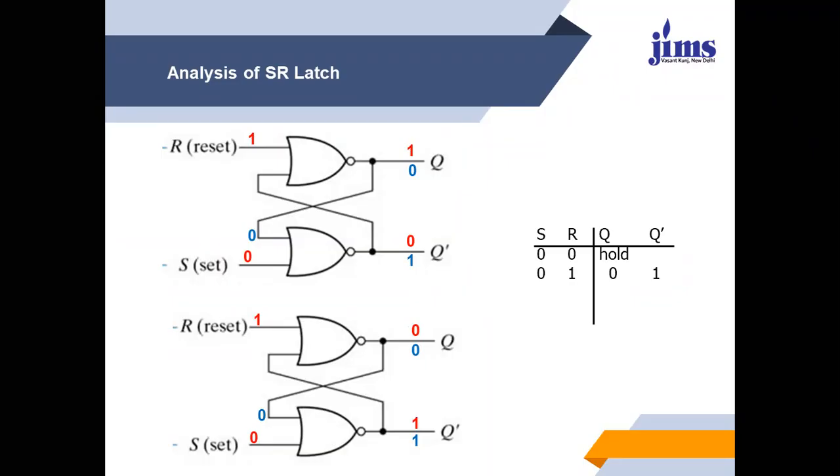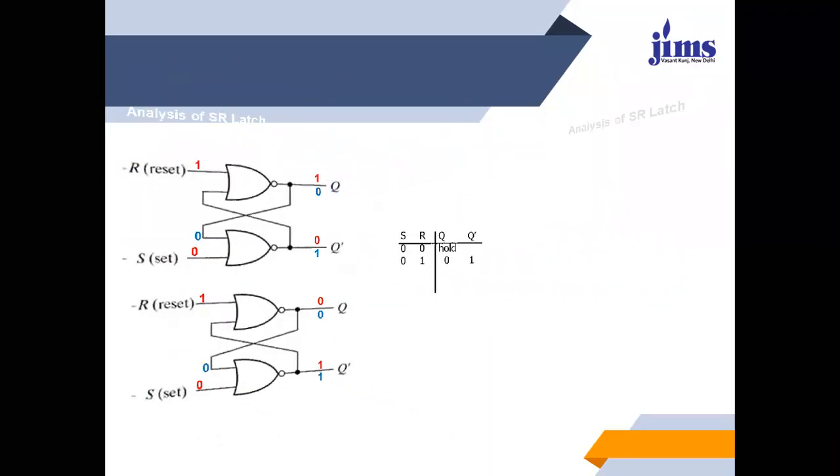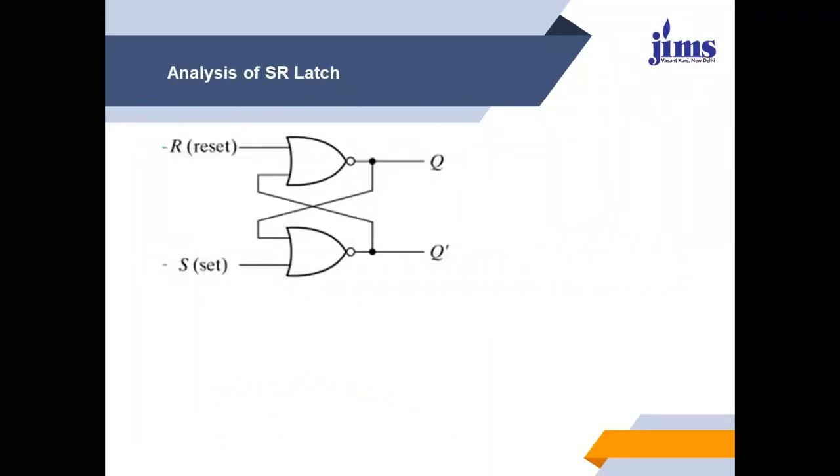Now move to the next condition. Suppose we have taken input as S equals 1 and R equals 0. With the two inputs, we have four possible combinations, that is 0, 0, 0, 1, 1, 0 and 1, 1. So here we are considering S equals 1 and R equals 0.